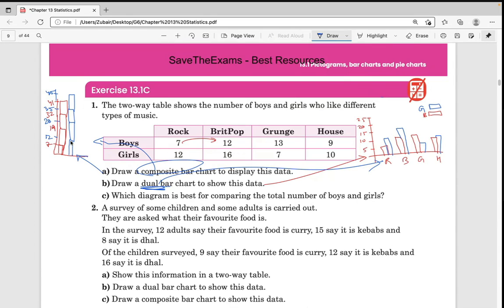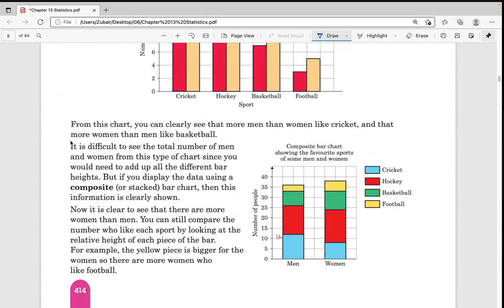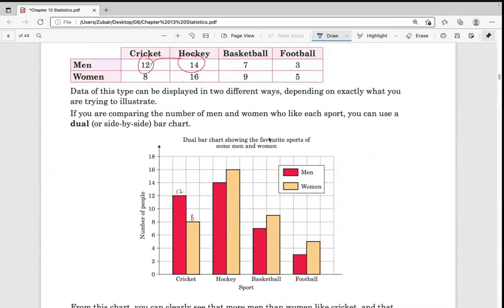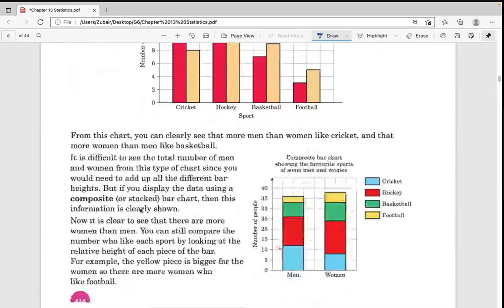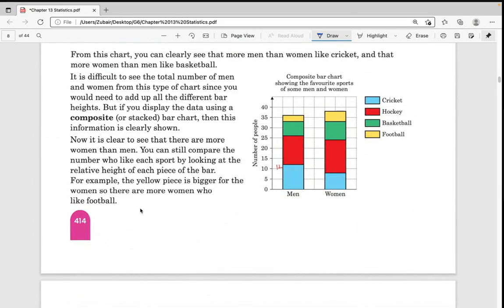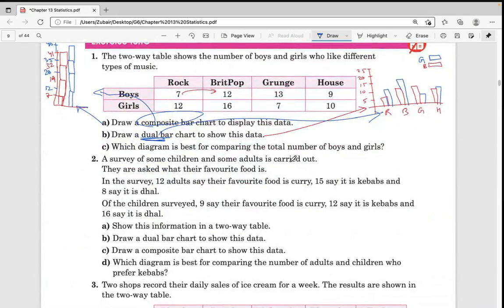When I'm looking at this graph, do I know which category is more, men or women? When I look at this graph, I clearly can see that there are more women than men. The height of the graphs. Yes, sir. The composite is better to see which participant was more.